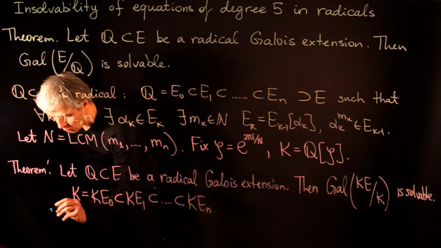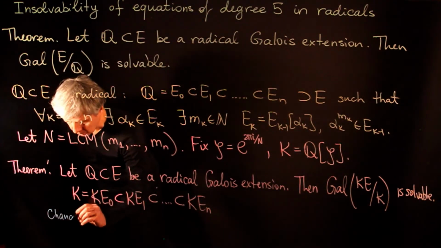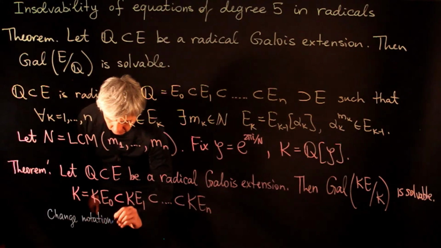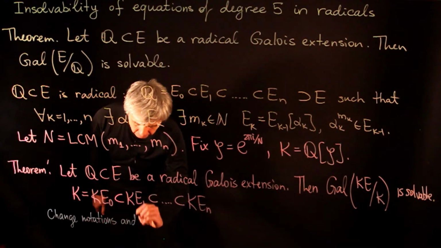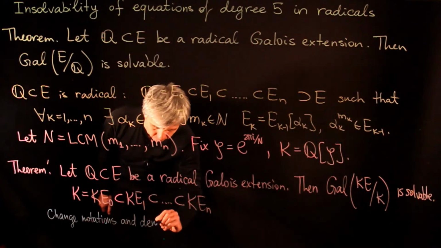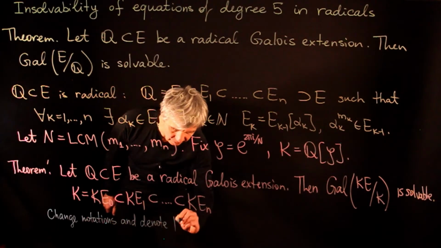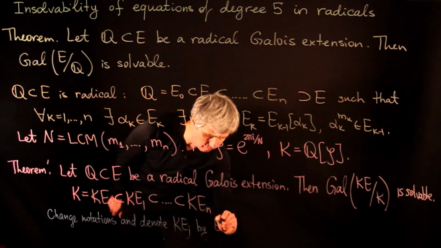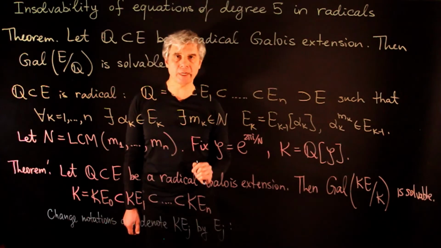So what we're going to do is change notations and just denote K times Ej by simply Ej, just to simplify notations.